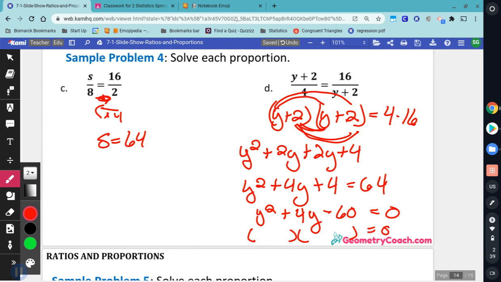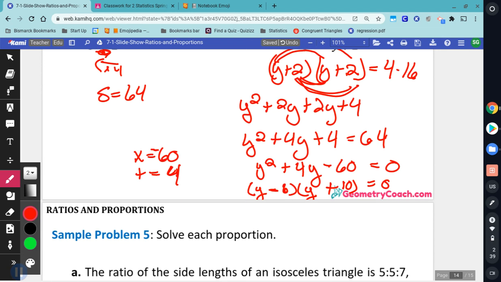So I'm looking for 2 numbers that multiply to equal negative 60, but add to equal 4. Okay, so I'm thinking 6 and 10 because they're 4 apart. The question is, which one's negative and which one's positive? It's got to add to equal positive 4, so my 10 is positive and my 6 is negative.